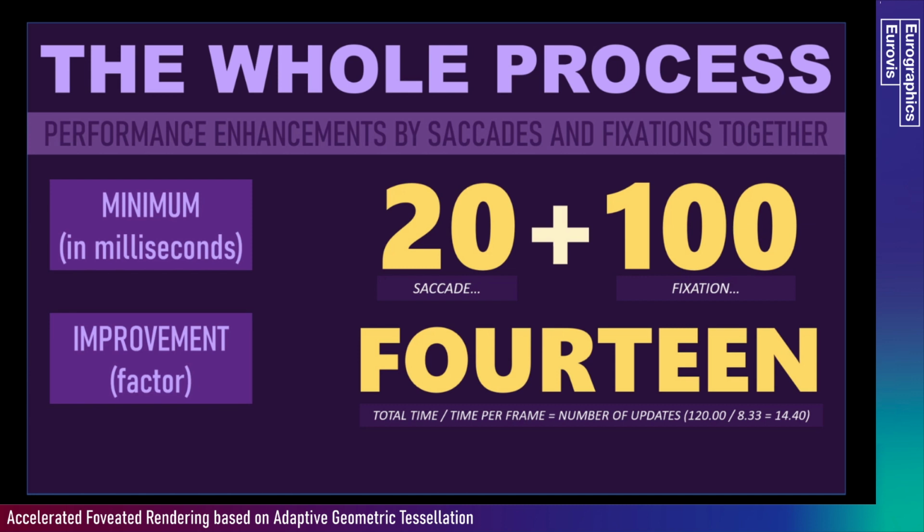By updating the screen only once, at the initiation of the saccade, we reduced the number of required calculations by a factor of 14. It is evident that the factor will further improve for displays with even higher refresh rates. Fixations generally occur for longer durations, therefore improving the performance by an even larger factor.